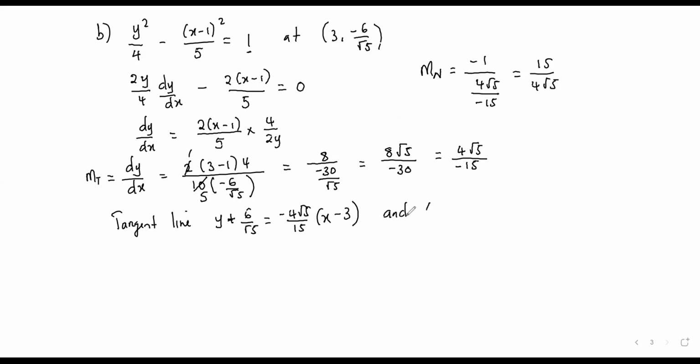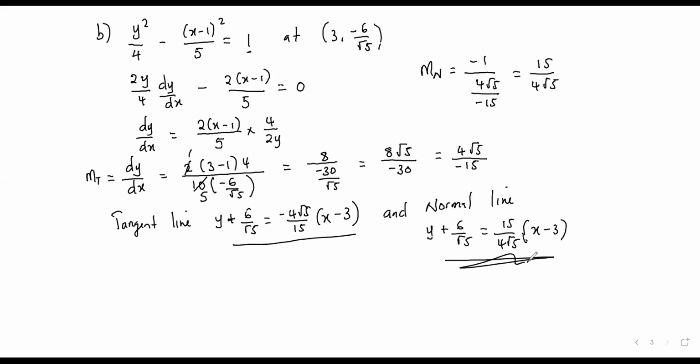And the normal line is going to be y again plus 6 over root 5 equal to 15 over 4 root 5 (x minus 3). So like that.